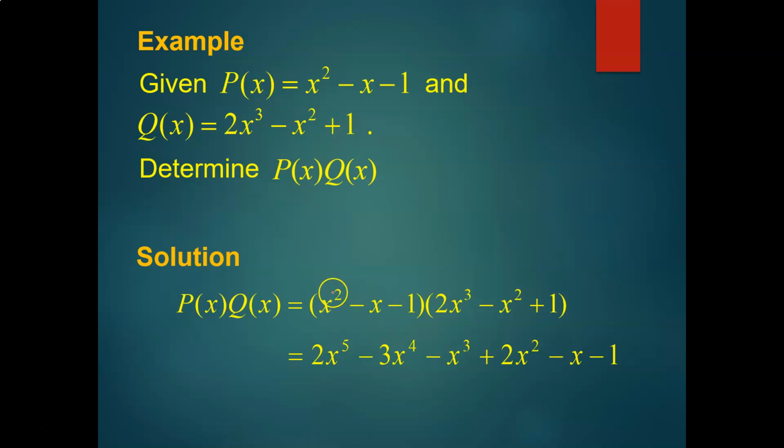Okay, now you can multiply x squared times 2x cubed. You have 2x to the power of 5. Okay, next, you multiply this one pula. X squared multiply with x squared. So you have x to the power of 4.